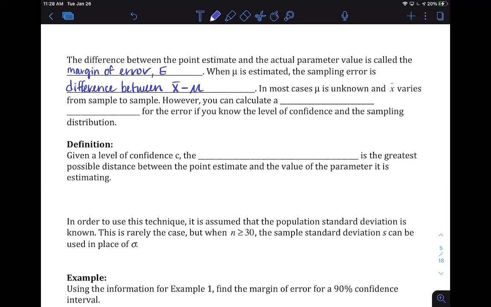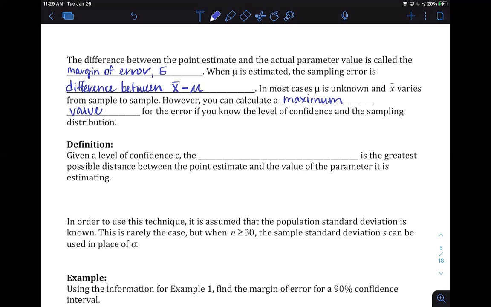In most cases, our population mean is unknown, and X bar varies from sample to sample. However, you can calculate a maximum value for the error if you know the level of confidence in the sampling distribution, which is what we're going to be calculating here in a second.